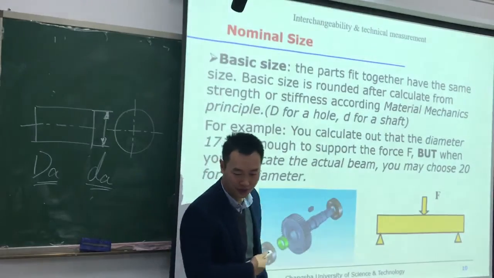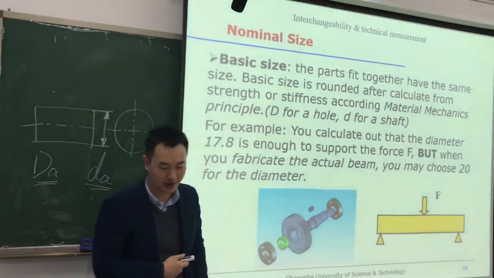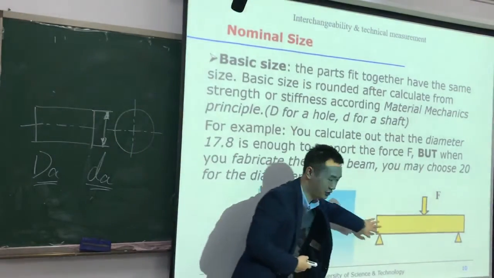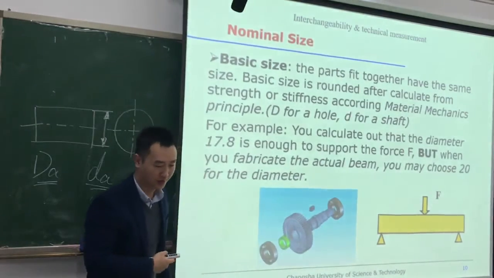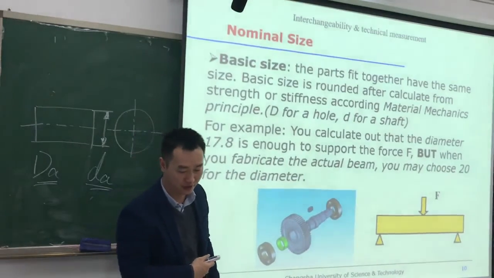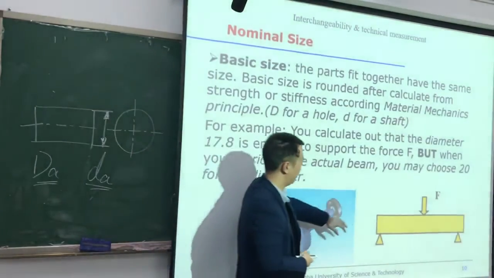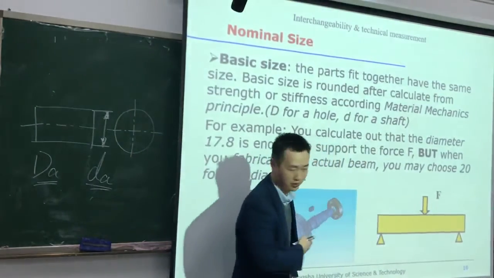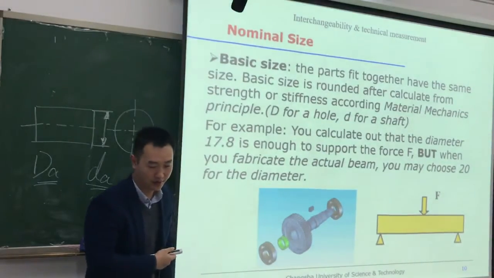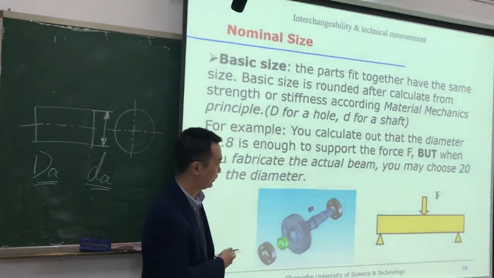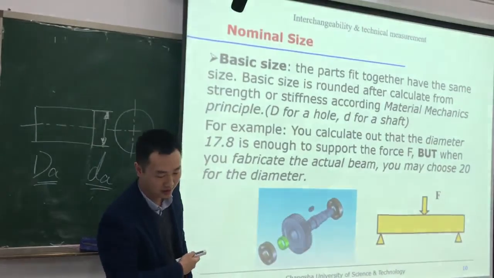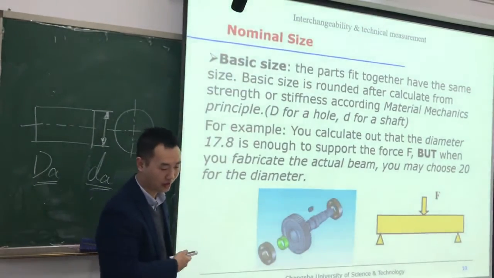For example, you can calculate the diameter, in this case 17.8, which is enough to support the force F. How to calculate it is in material mechanics. But when you fabricate the actual beam, you may choose 20 for the diameter.